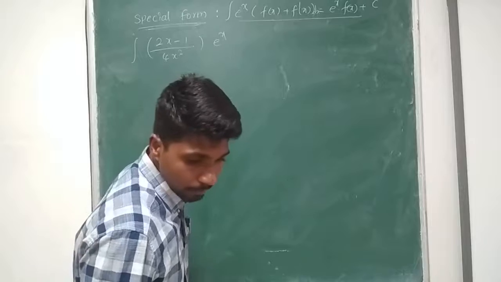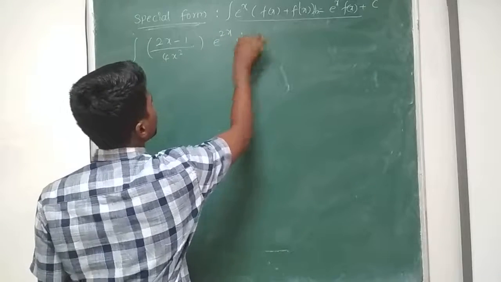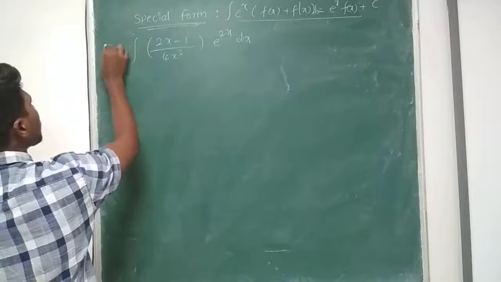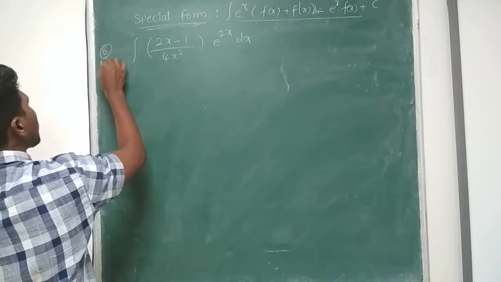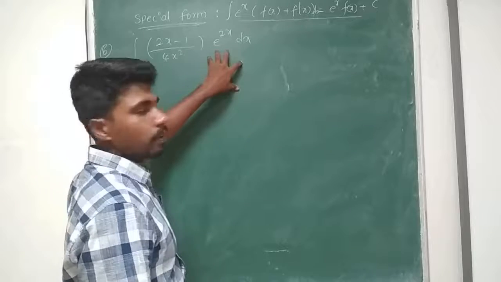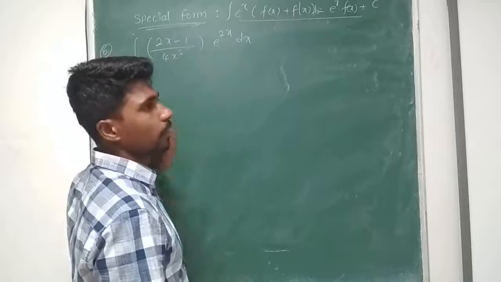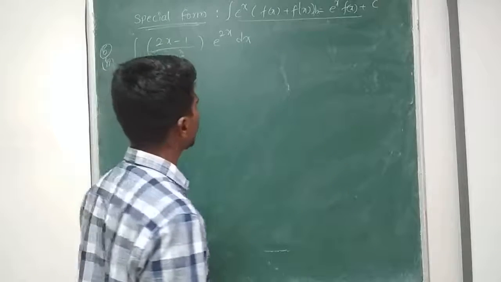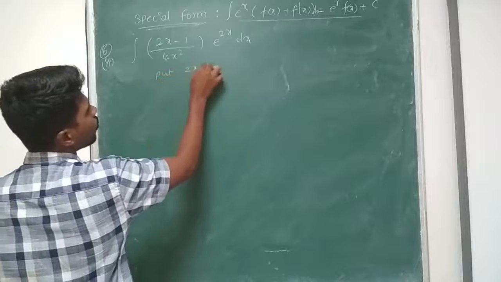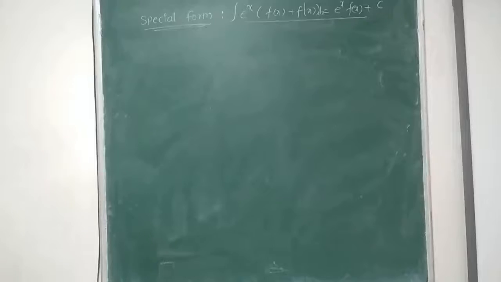It's not only x, it is e power 2x dx. So I have e power x, but it's not e power x, it is e power 2x. So I have to convert this into the form of e power x. So how can I convert? By substituting 2x as t.